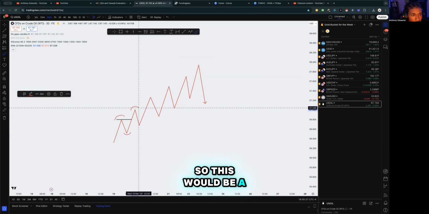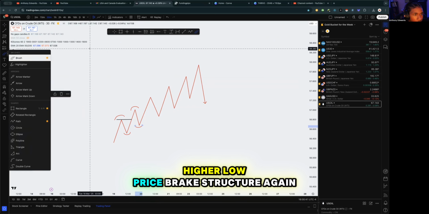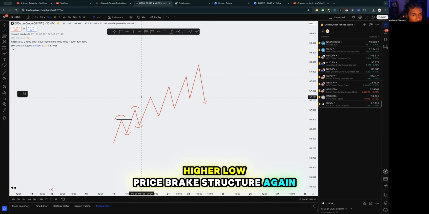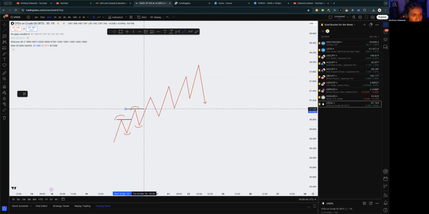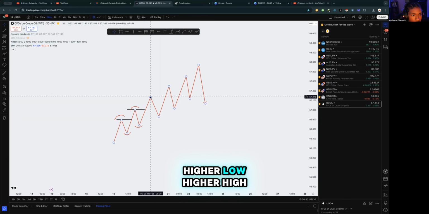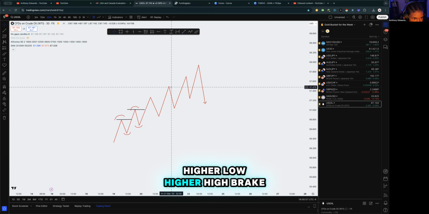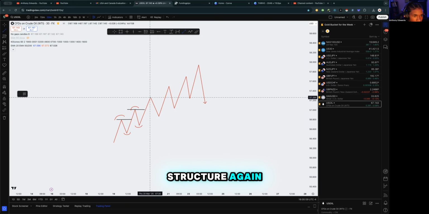So this would be a higher high, higher low, price breaks structure again, higher low, higher high, higher low, higher high, break structure again.